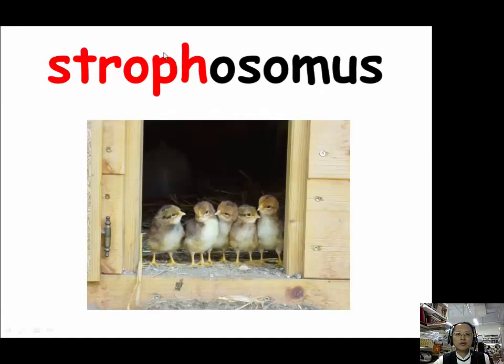Our example for stroph is strophosomus. Strophosomus refers to extremities that are reflexed onto the back, with distal ends resting on the head. It happens a lot in chicks, but I can't find a picture for it, so we can only see the normal chicks, and you'll have to imagine that.